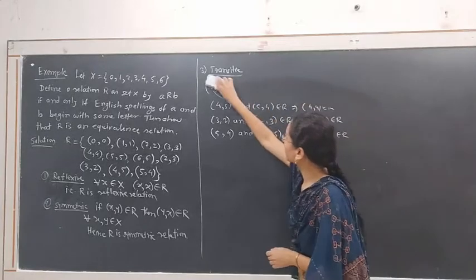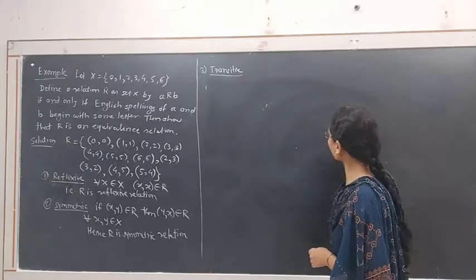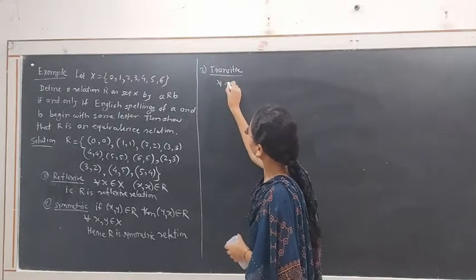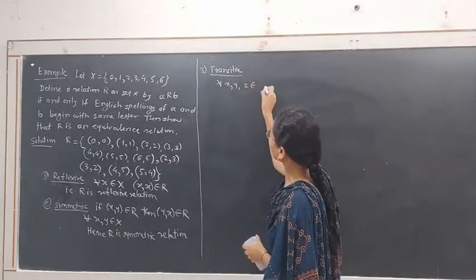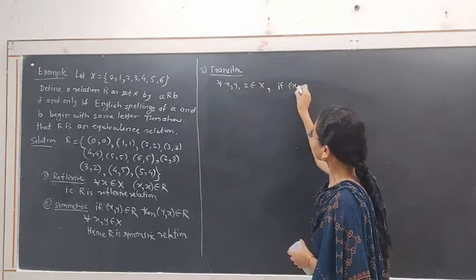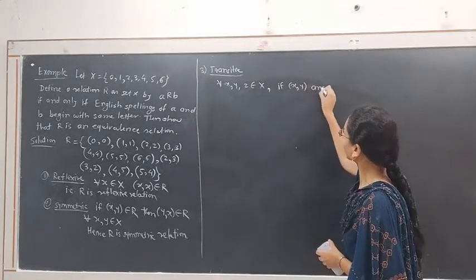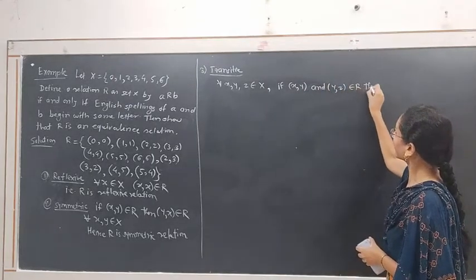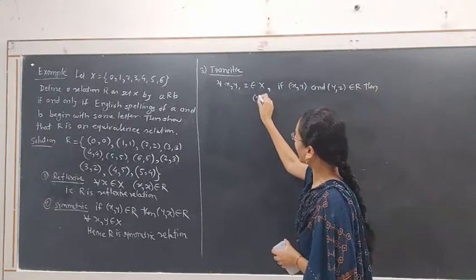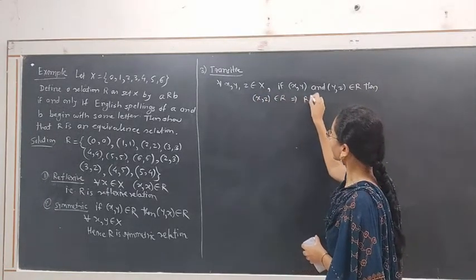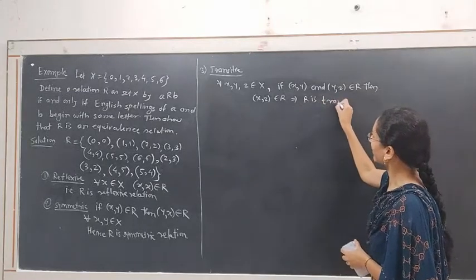We write this as: for all x, y, z belongs to set X, if (x, y) and (y, z) belong to R, then (x, z) belongs to R. This implies R is a transitive relation.